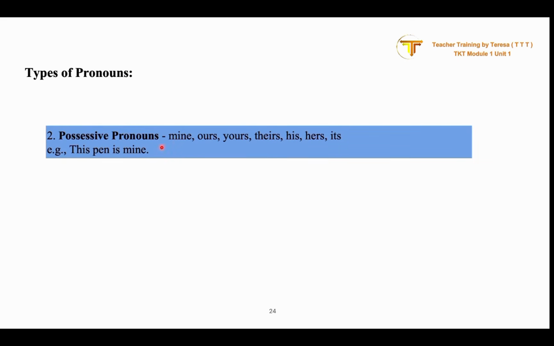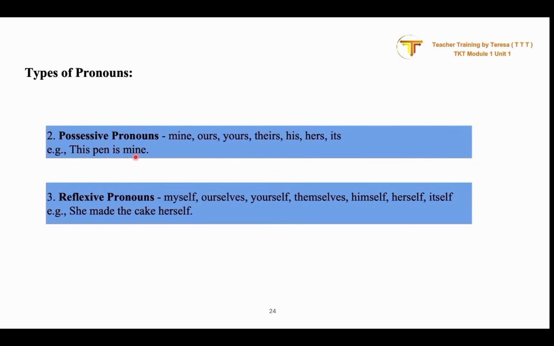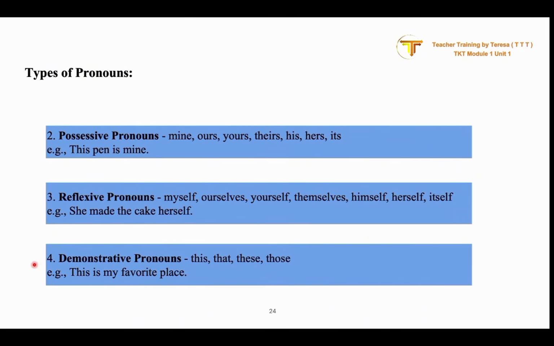Possessive pronouns: mine, ours, yours, theirs, his, hers, its. This pen is mine. 3. Reflexive pronouns: myself, ourselves, yourself, themselves, himself, herself, itself. She made the cake herself.